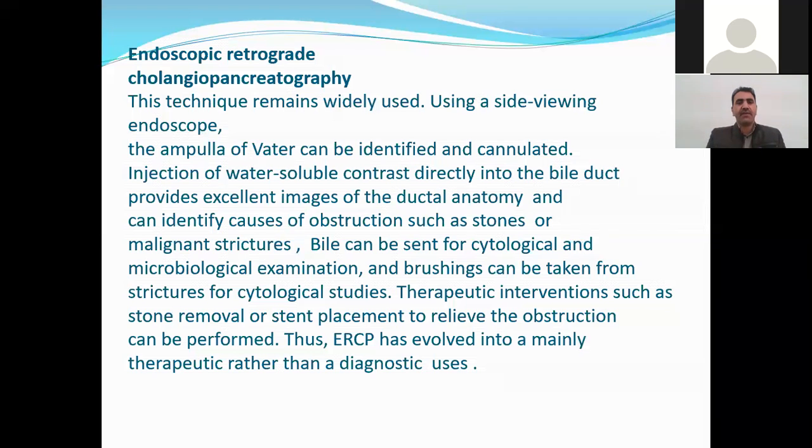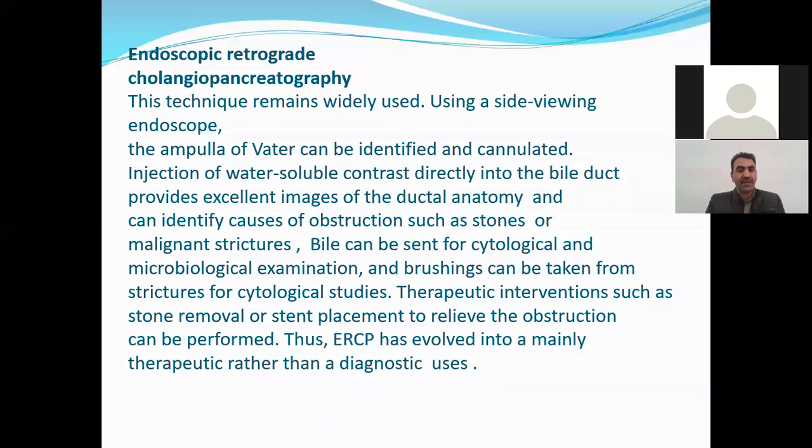This technique remains widely used, using a side-view endoscope to identify the ampulla of Vater, which can be identified and cannulated, with injection of water-soluble contrast directly into the bile duct through the second part of the duodenum, through the ampulla of Vater. It provides excellent images of the ductal anatomy and can identify the cause of the lesion, whether obstruction by stone or malignant stricture. Bile can be taken and sent for cytological and microscopical examination.